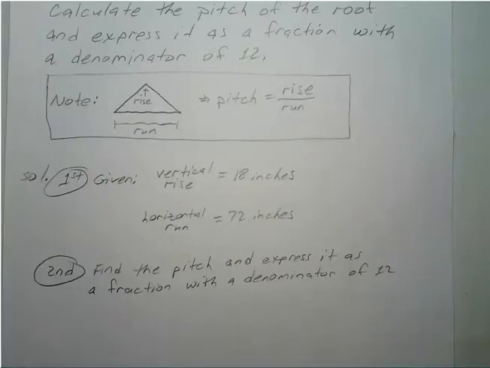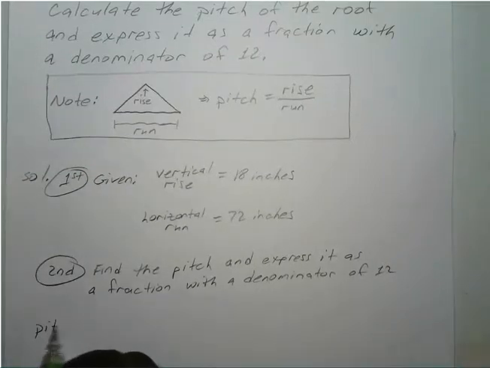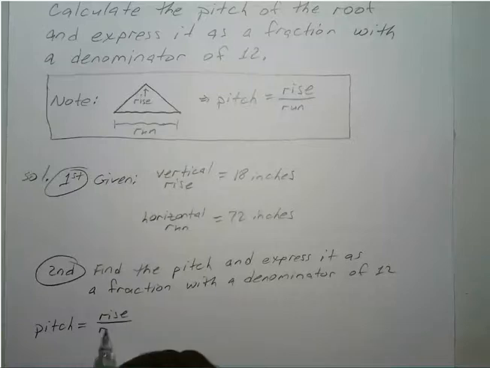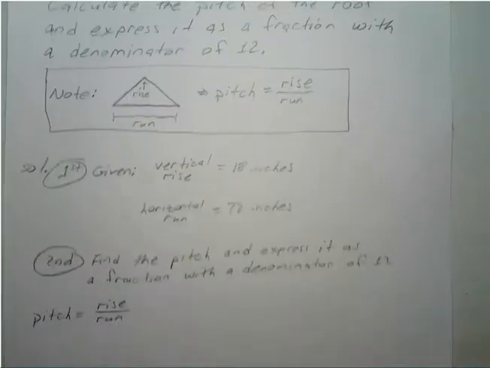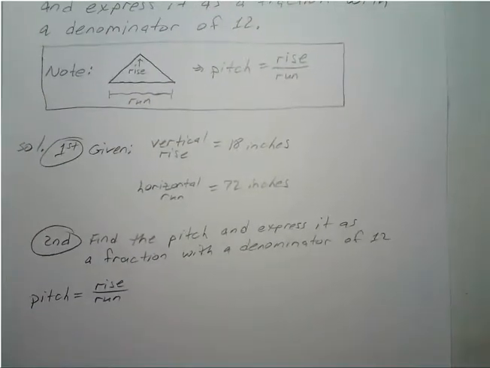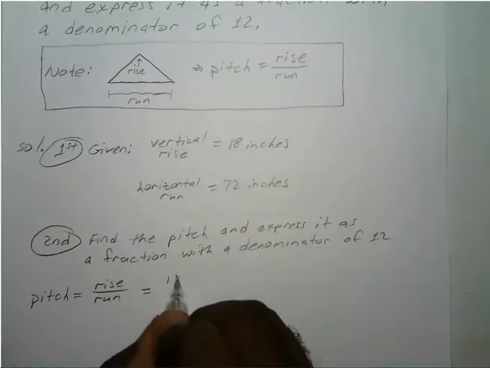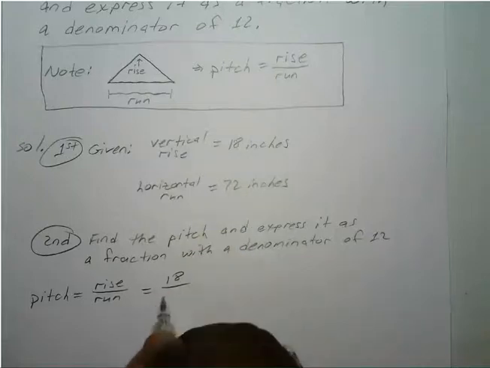All right, so we know that our pitch is equal to our rise over run. All right, so our rise is 18 inches and our run is 72 inches.